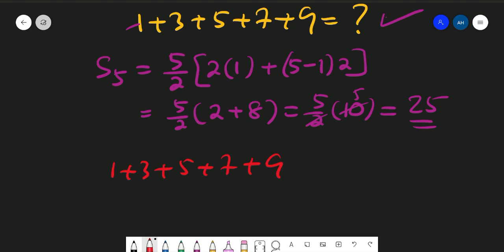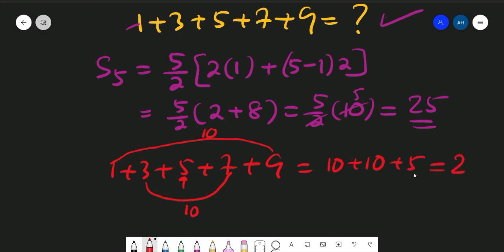Let's combine 9 and 1, this is 10. 7 plus 3 is also 10. And we have one more 5 here. So we have 10 plus 10 plus 5, that's 25, right? Yes, the answer is the same as when we use the formula. So our answer by using the formula is correct.